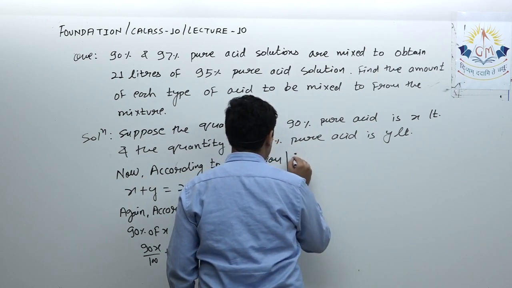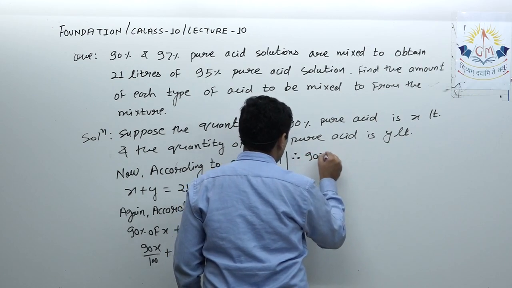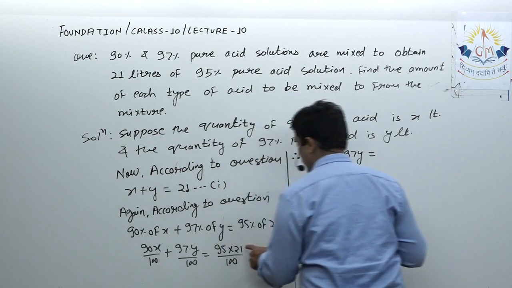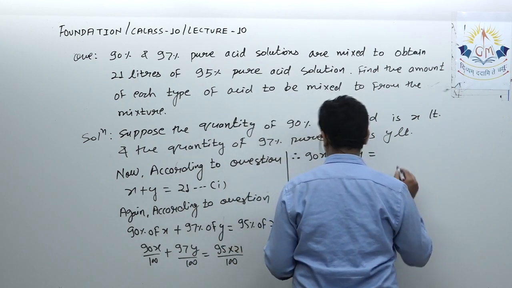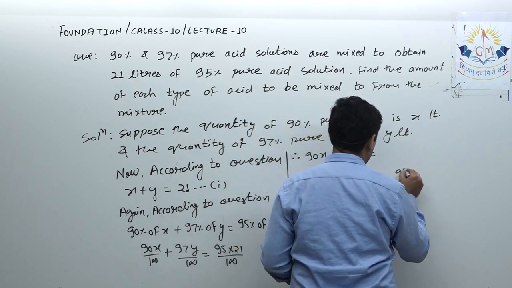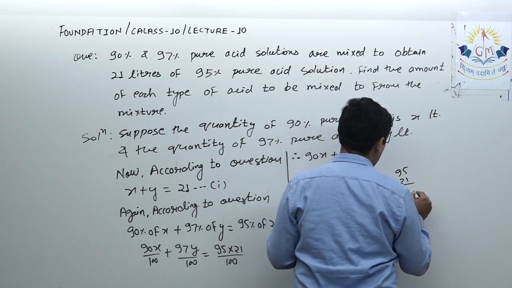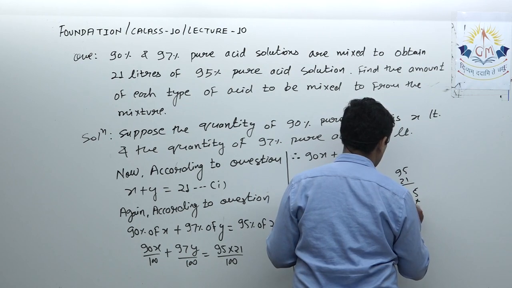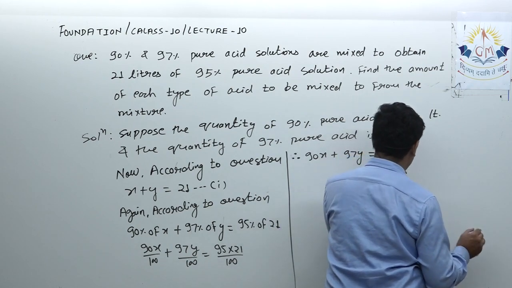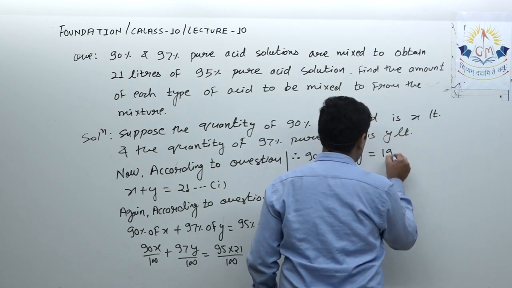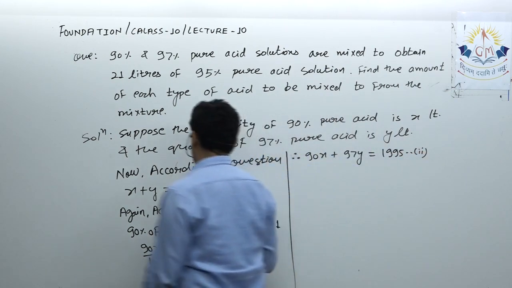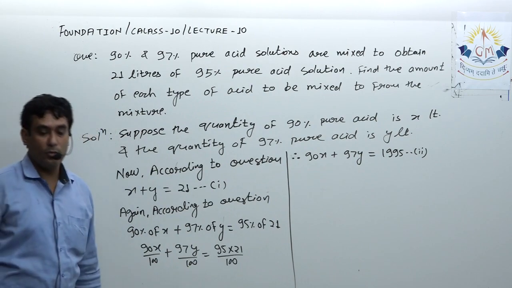Therefore 90x plus 97y is equal to 95 into 21, so 95 into 21 is 1995. That is equation number 2. Now we have both the equations. Now it is easy to solve these two equations.